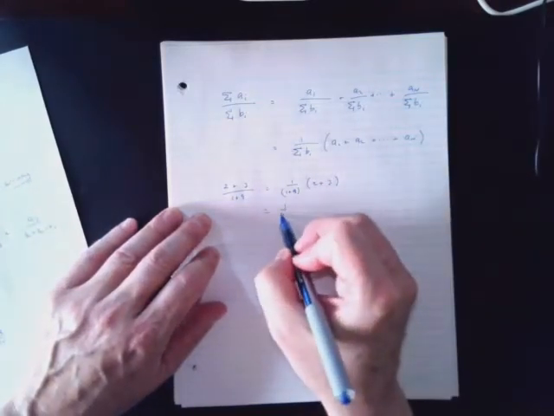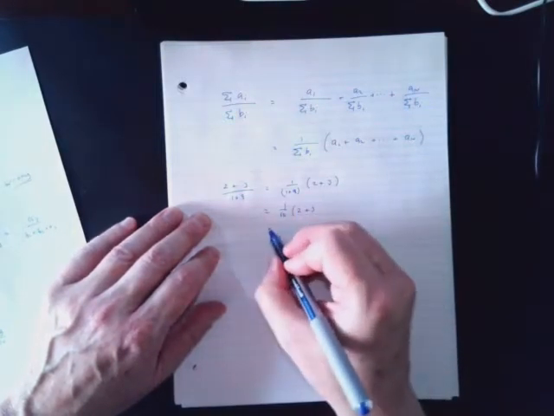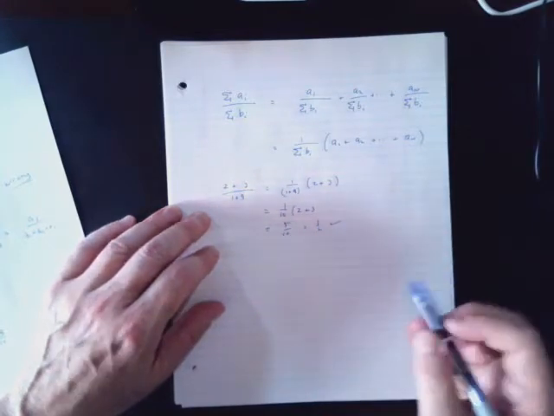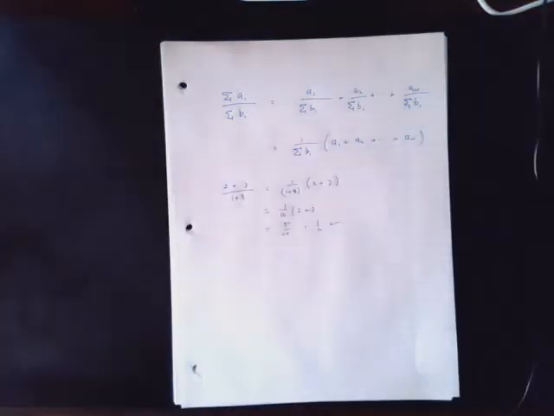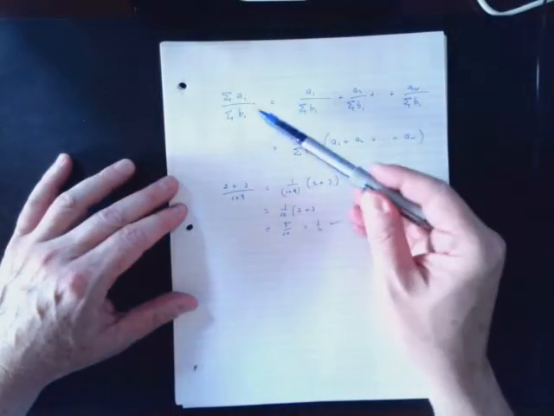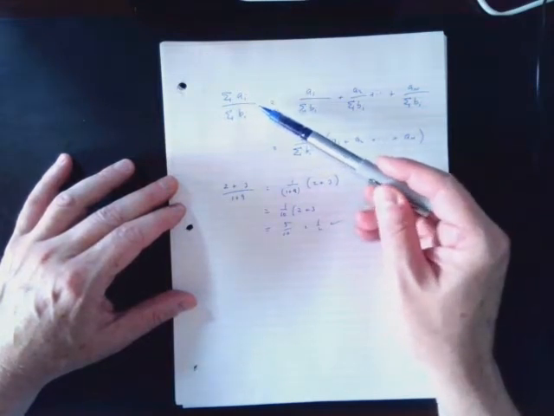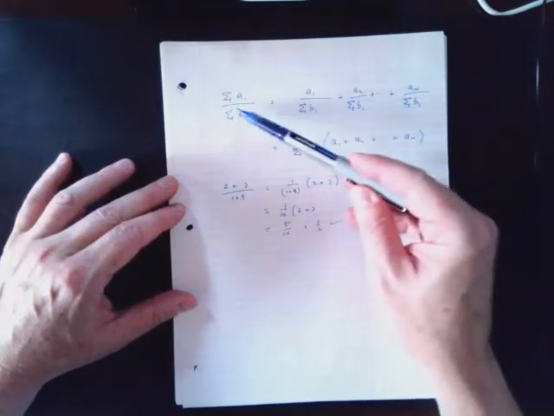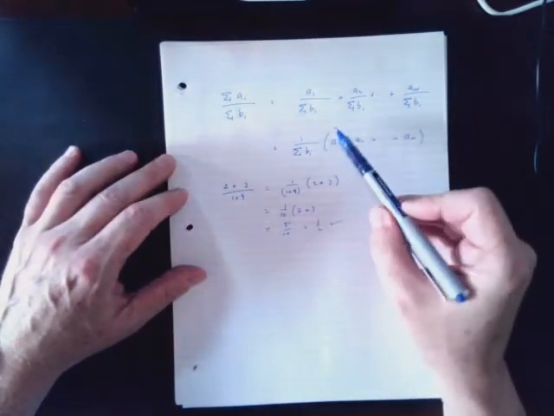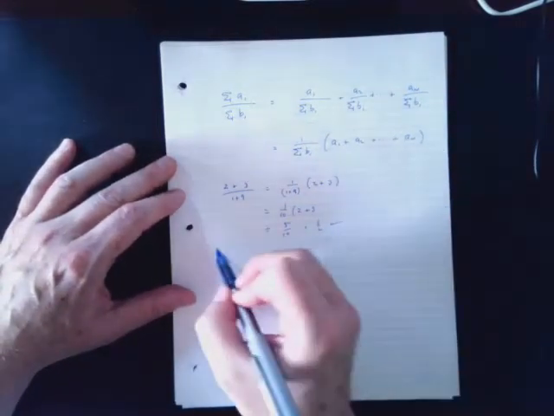So 1 over 10 times 2 plus 3 gives us 5 over 10, as we were hoping. So with this expression, you can factor something out by taking the bottom term off by itself and leaving the top term in the summation form.